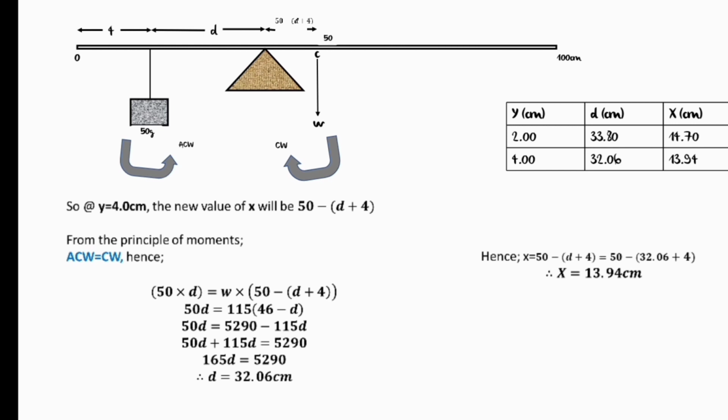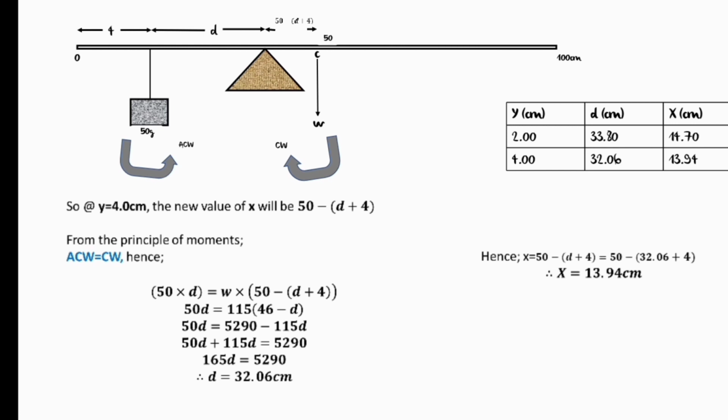Then simplifying everything boils down to d is equal to 32.06 centimeter. So now we have gotten our new value of d. So we put it down on our table, 32.06.